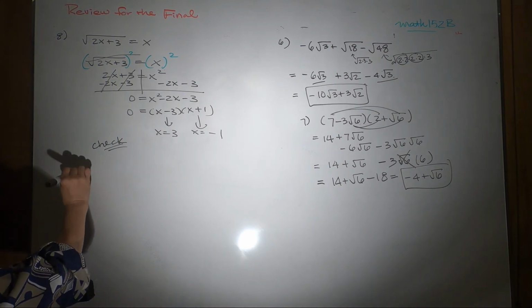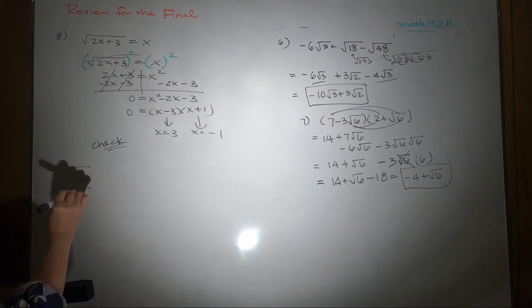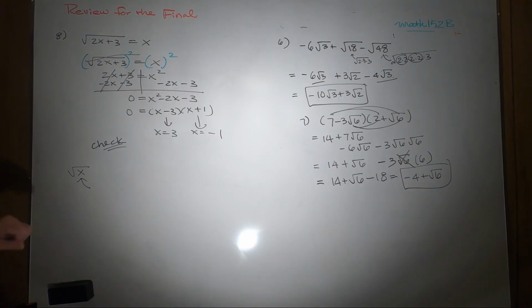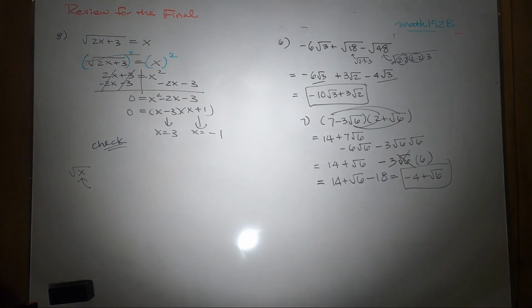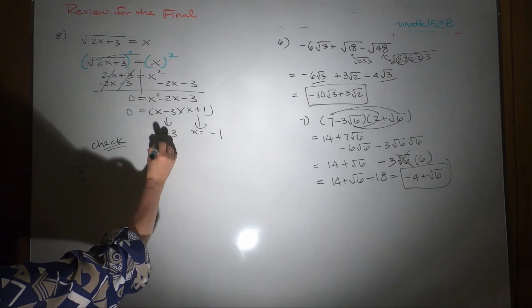Because inside the radical has to be a positive number or 0. So there are restrictions. As long as you have a situation which has restrictions, you need to check, right?